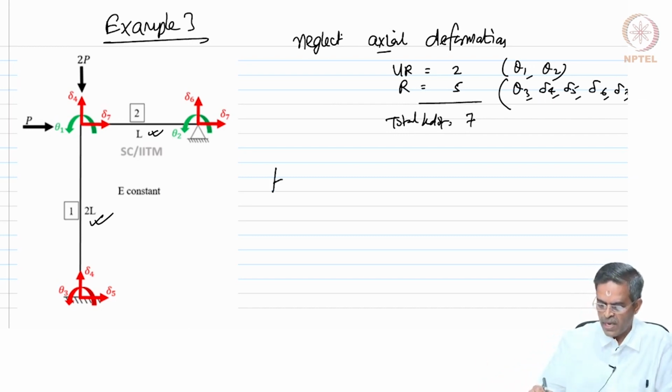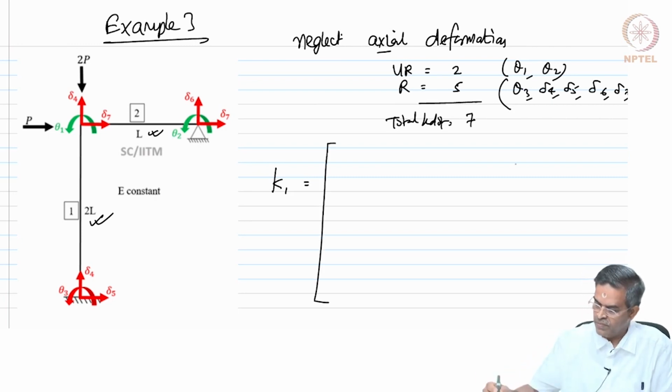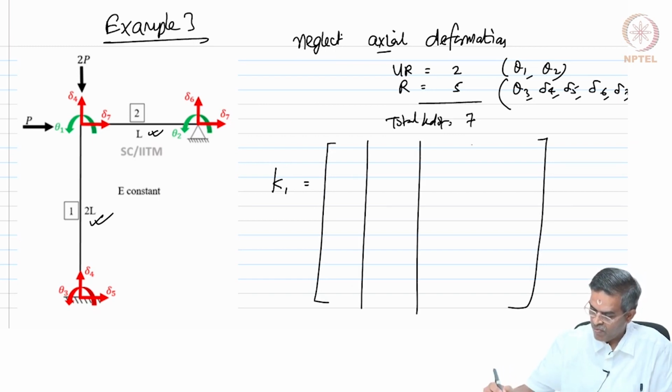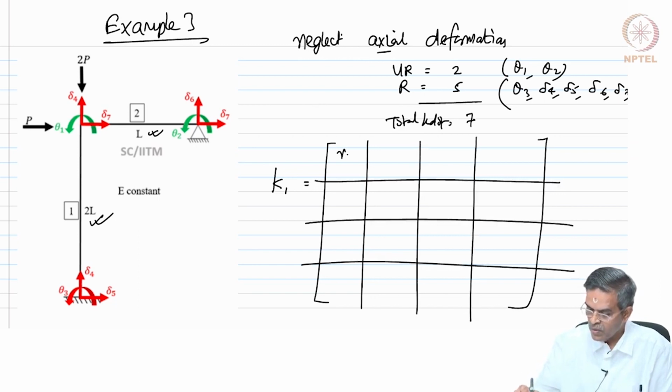for the member KAB or K1, okay, for the member K1, I should say R1, okay, by 2L, 1 plus C1, C1 R1 by 2L, okay.